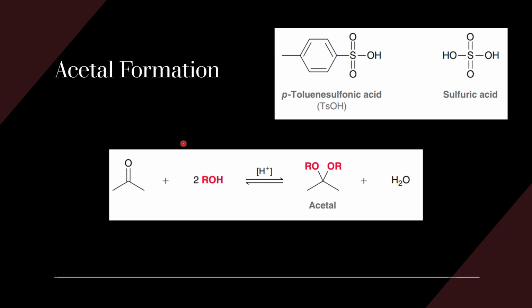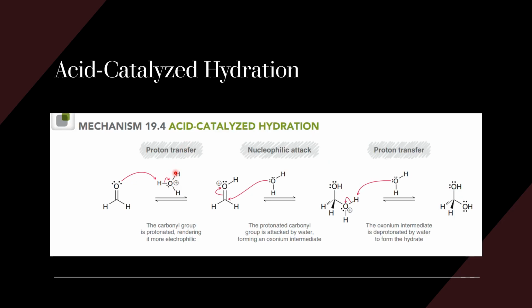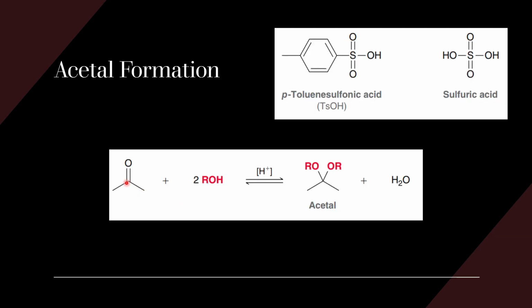Let us generalize this a little bit more, so we're going to extend the definition now. We have just seen that given water in an acidic environment, which is really hydronium, we can form a geminal diol. But what if we wanted to form from the carbonyl moiety a geminal alkoxy?